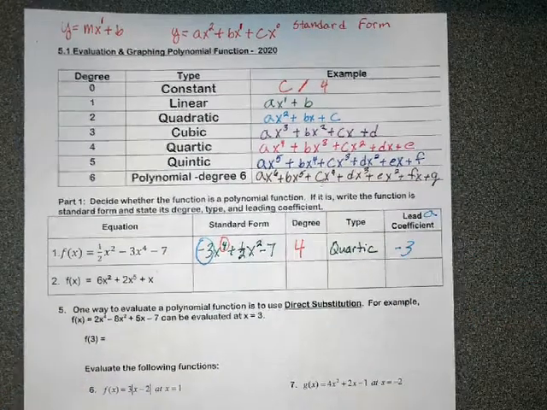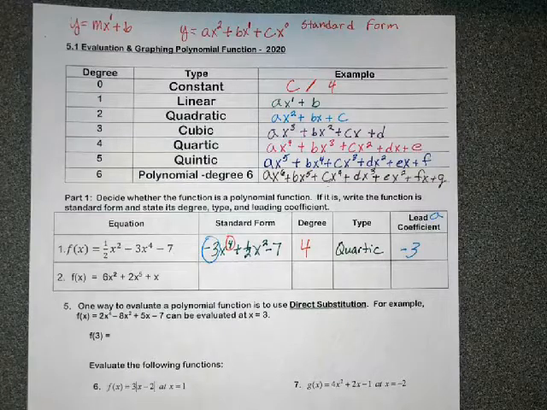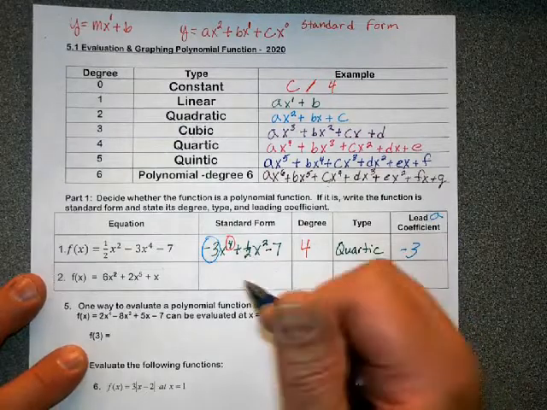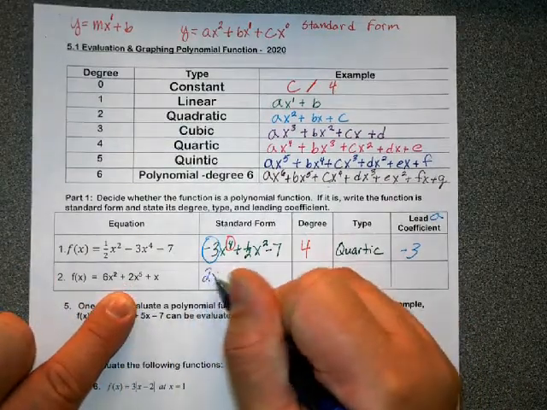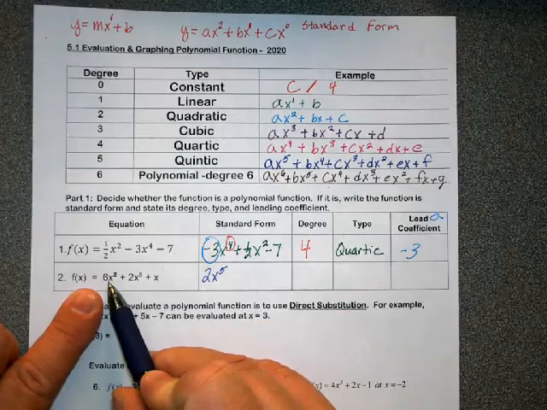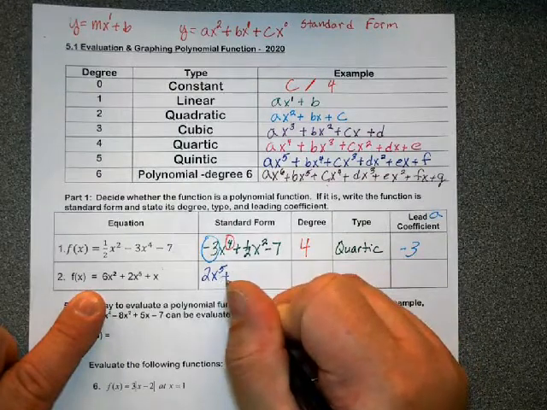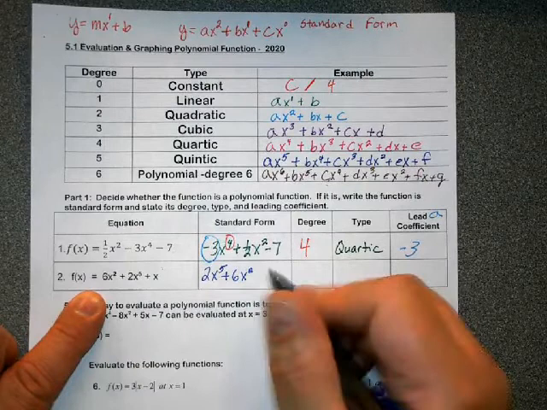It's probably one of the easiest things that you guys have done this semester, huh? Or this year. All right, number 2. We're going to write it in standard form. So my highest degree is the 2x to the 5th. Next one is plus 6x squared, and then I have an x to the 1st here, so plus x.